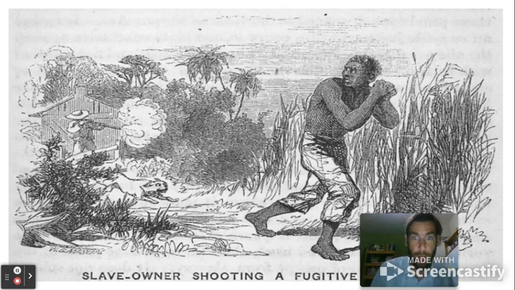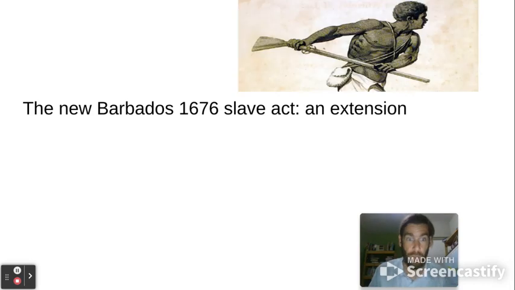So that's why the planter was constantly thinking about how can I get my slaves back? How can I make sure that the slaves do not form a threat or a danger to my operations on my plantation?